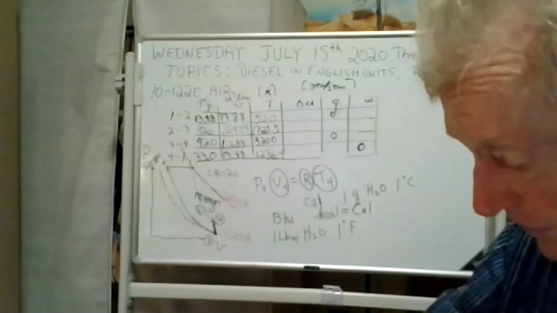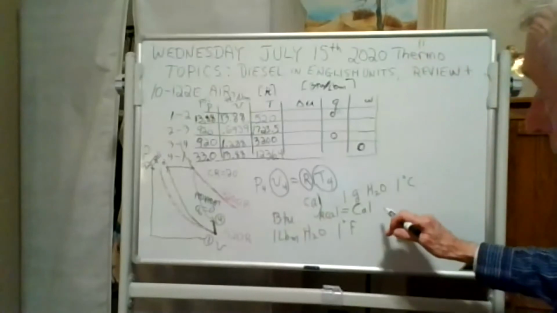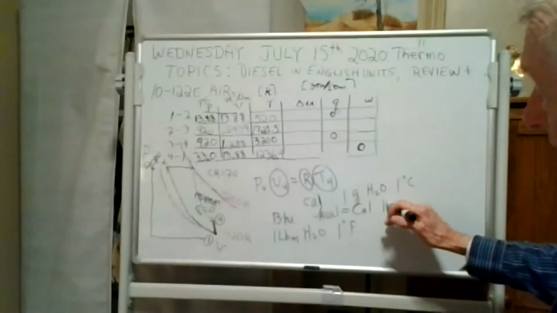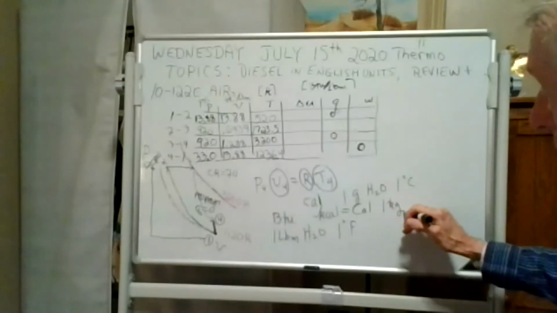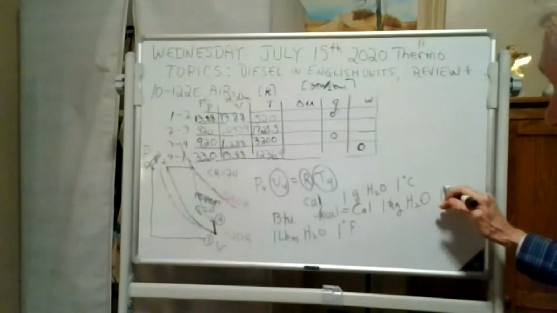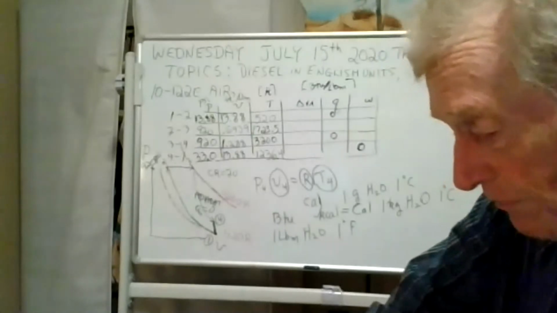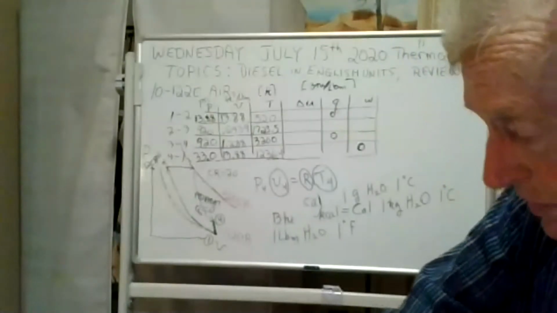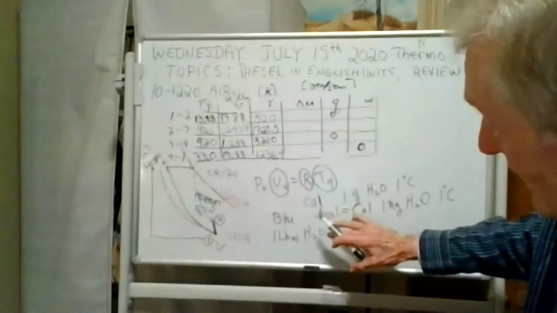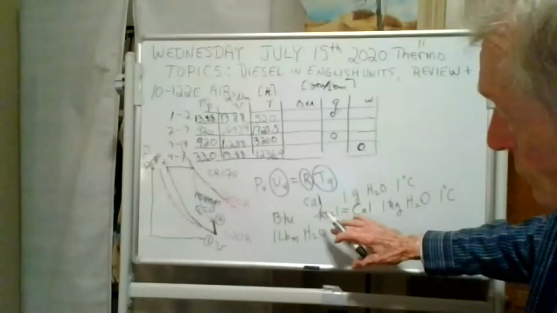That's the amount of heat transfer necessary to raise 1 kilogram of water 1 degree Celsius or Kelvin. It would increase 1 degree Kelvin, same as an increase of 1 degree Celsius. Now this is a capital C. This is a little c.